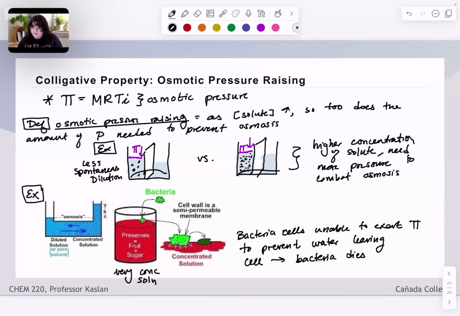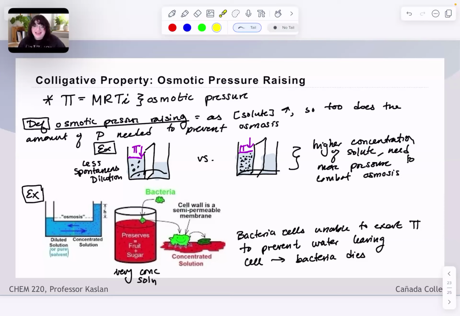Now, if we had some cell that was like a really scary bacteria that could maintain its osmotic pressure, even in the presence of a highly concentrated solution, like our fruit preserves here, that would be a problem, right?